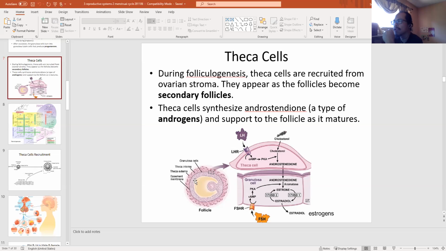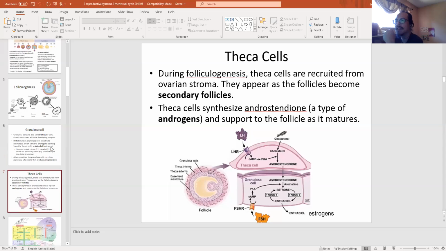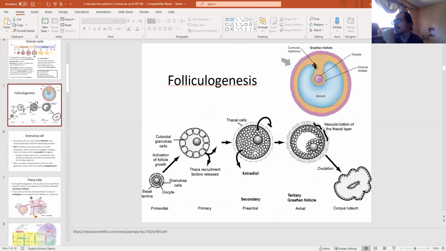So this one is already the tertiary, or called the Graafian follicle, where you see the antrum almost circulating the oocyte, leaving the corona radiata and the cumulus oophorus.